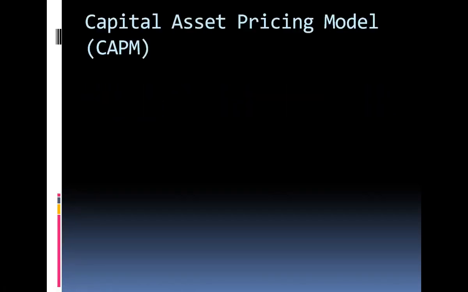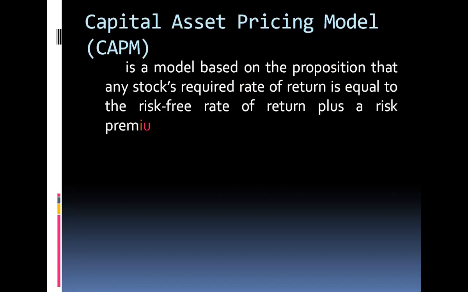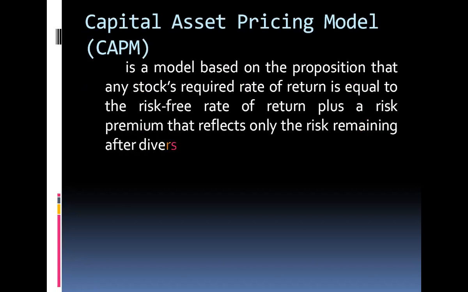So the capital asset pricing model, or CAPM, is a model based on the proposition that any stock's required rate of return is equal to the risk-free rate of return plus a risk premium that reflects only the risk remaining after diversification.